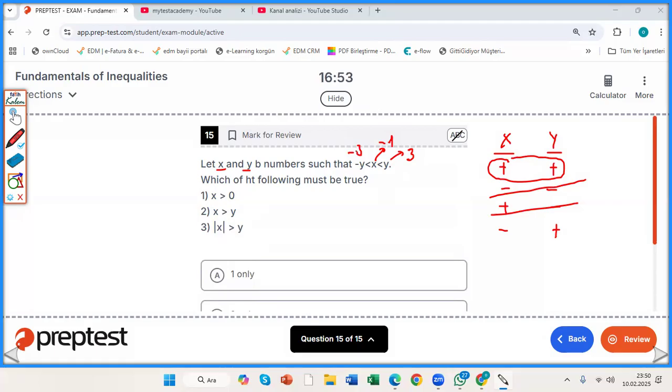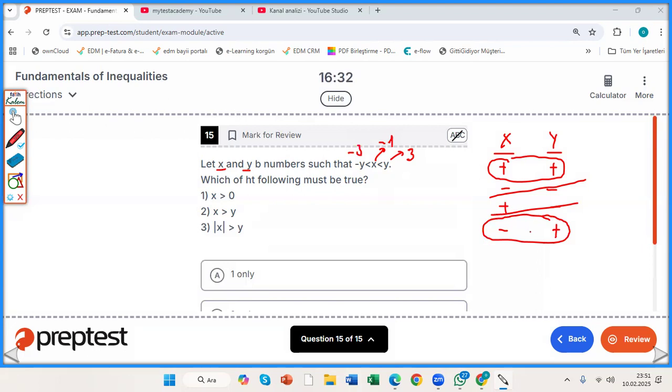Yes, no problem. By using these details, right now let's check the statements.